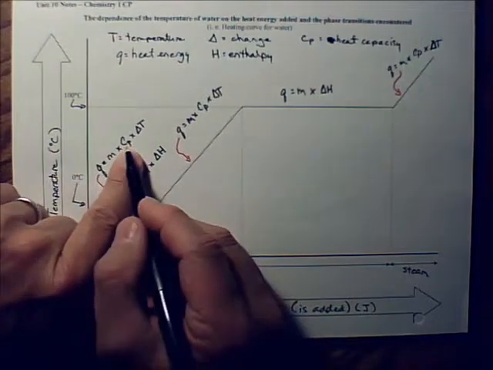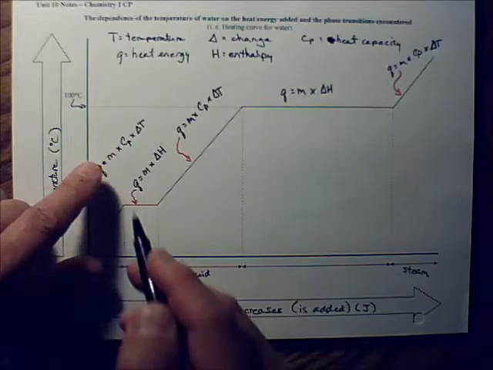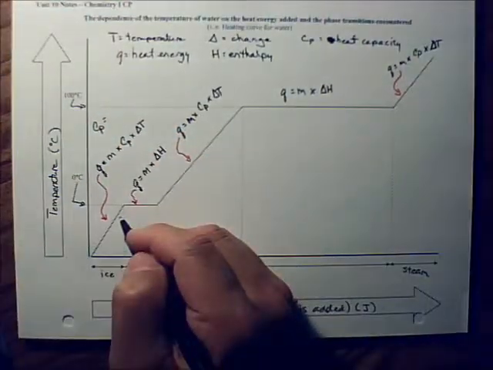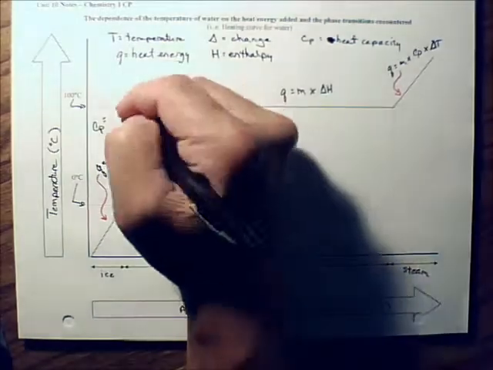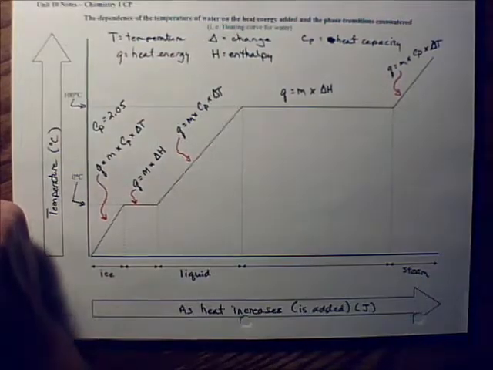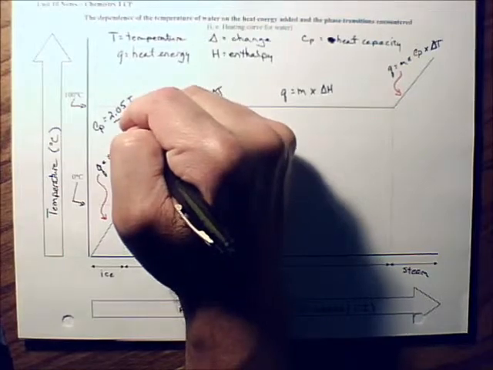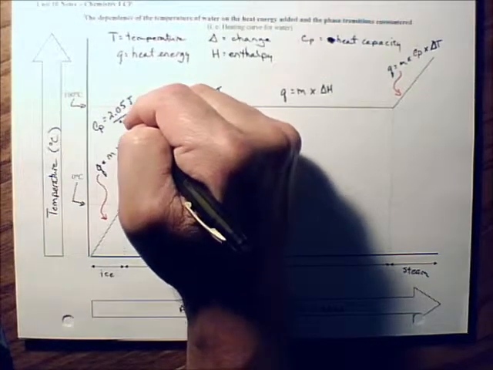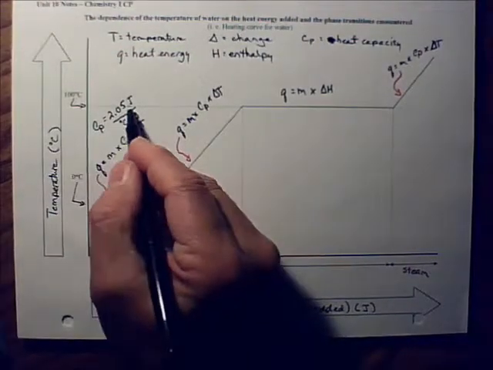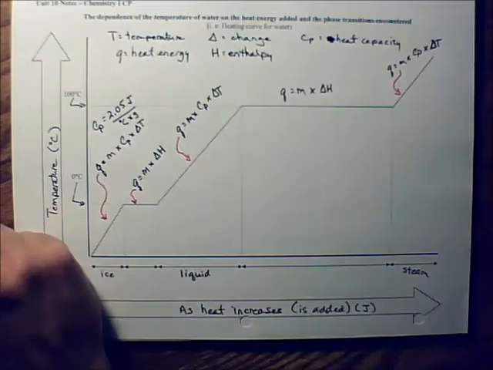The specific heat for water in the solid state, for ice. This Cp for water in the solid state is 2.05 joules per degree C per gram. 2.05 joules, that's our measurement of energy, per degree C per gram.